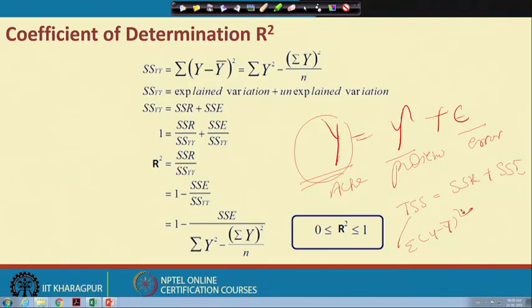So for any problem where you use regression modeling in a bivariate econometric setup, TSS is always equal to ESS plus RSS, or SSR plus SSE, that is sum of squares regression and sum of squares error.